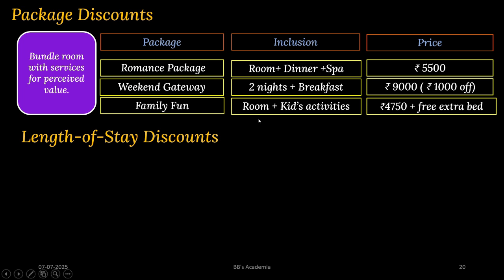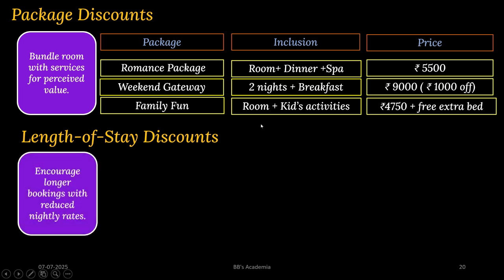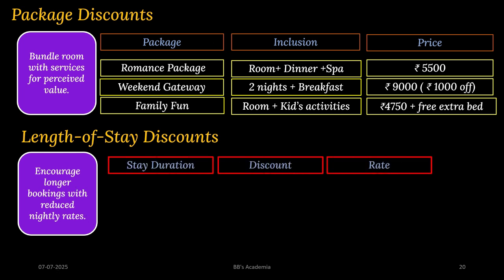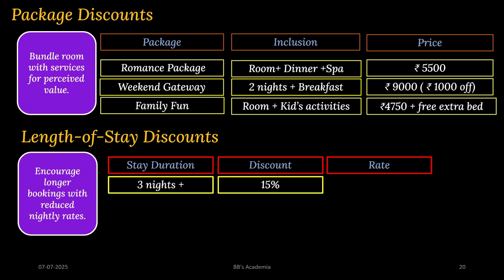Length of stay discounts. What is that? Encourage longer booking with reduced night rates. Okay. What is that? Suppose 3 nights plus you stay in the hotel, you'll be getting 15% discount. And if the rack rate is 5,000, then your per night will be 4,250 because you are getting 15% discount on that.